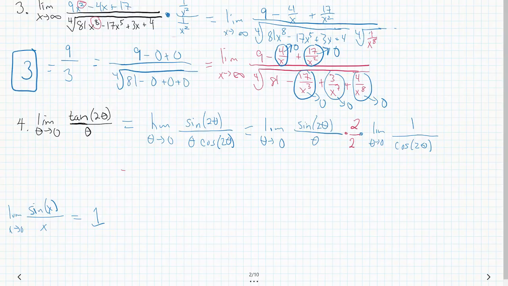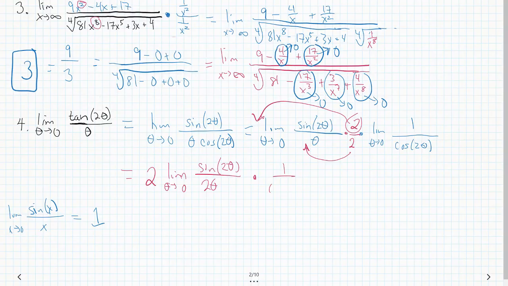And so what we can do is take this 2. Remember, we can move constants out in front. We'll move that constant right out there, so you get 2 times the limit as theta approaches 0 of sine of 2 theta. Now we'll take this 2 and just move it right there, because of multiplication, we can do this. And then times the limit as theta approaches 0 of 1 over cosine of 2 theta.